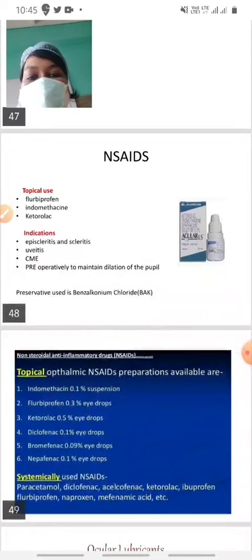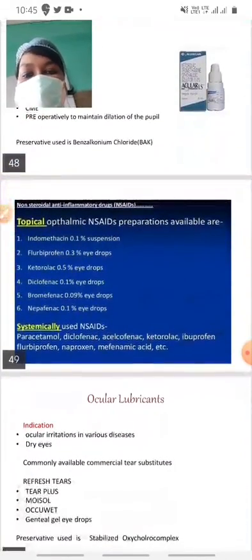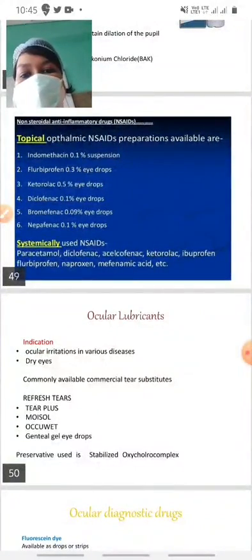And the preservative can be used like that. So these are the list of the various preparations. You should at least remember the percentages of nepafenac, ketorolac, and systemically the NSAIDs can be either paracetamol, which we take very frequently for headaches, and diclofenac, aceclofenac, ketorolac, ibuprofen.